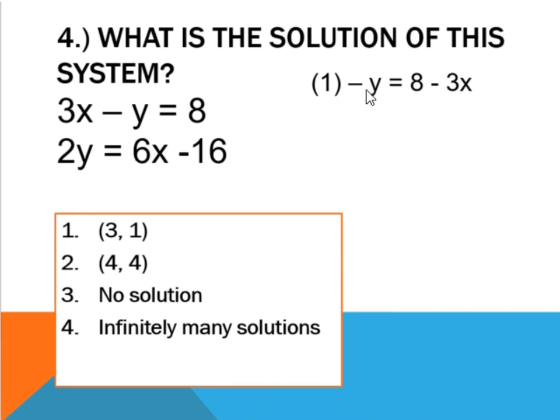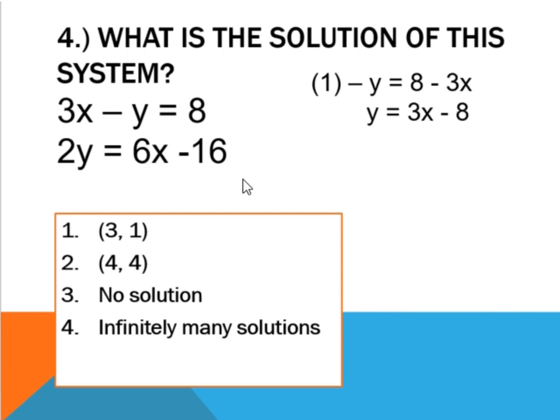So, what will happen? Negative y divided by negative 1 will become positive y, and then negative 3x divided by negative 1 will be positive 3x, and 8 divided by negative 1 will be equal to negative 8. So, ang equation 1 na ngayon natin na nasa slope-intercept form ay y is equal to 3x minus 8.